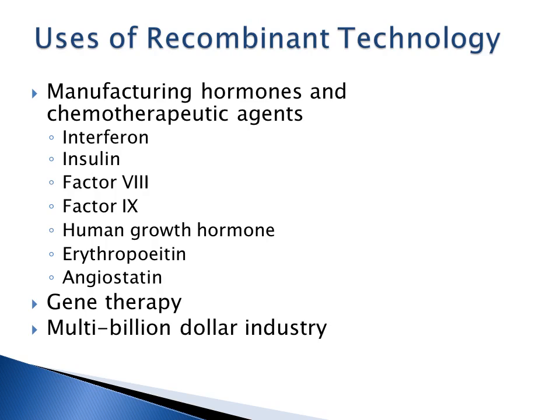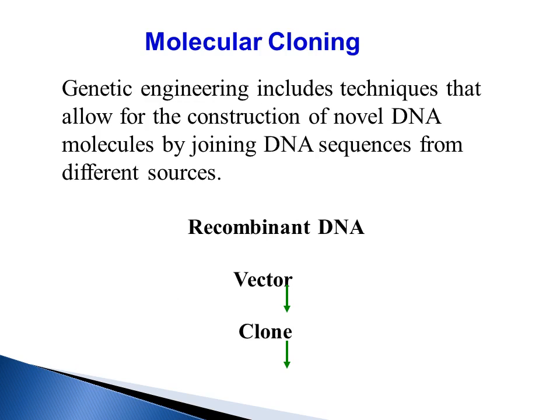Recombinant DNA technology is used for gene therapy, and this is a multi-billion-dollar industry. So molecular cloning or recombinant DNA is a genetic engineering technique that allows you to construct novel DNA molecules by joining two different DNA sequences. So joining DNA sequences from two different sources.